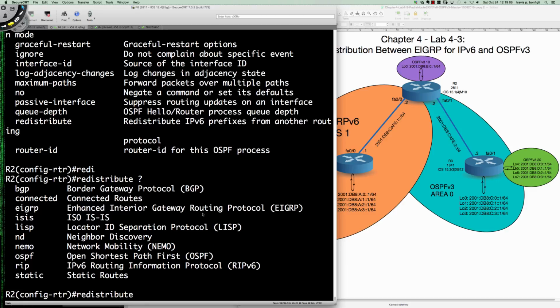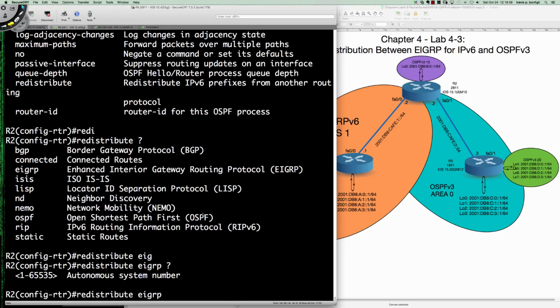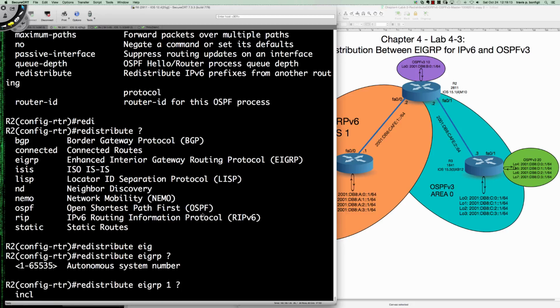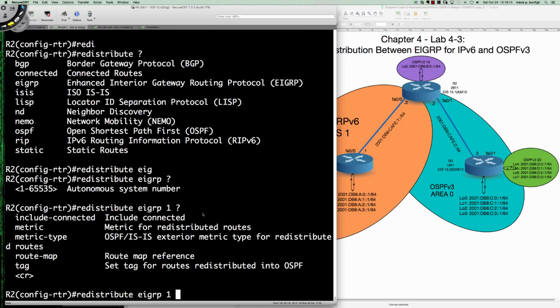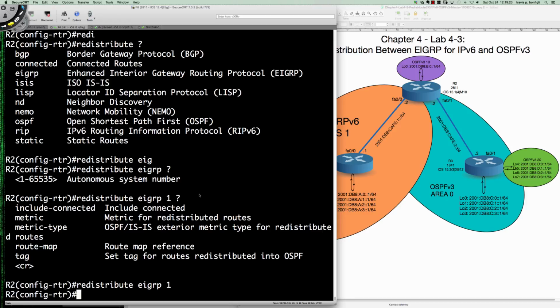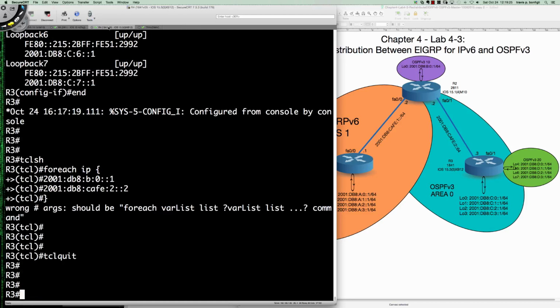So what are we going to redistribute? Well, we're going to redistribute EIGRP from EIGRP Autonomous System 1. Now, is there anything here that you think we need to add in? So if I hit enter right now, we'll just leave it redistribute eigrp 1. Let's come over to router 3, and let's take a look now.